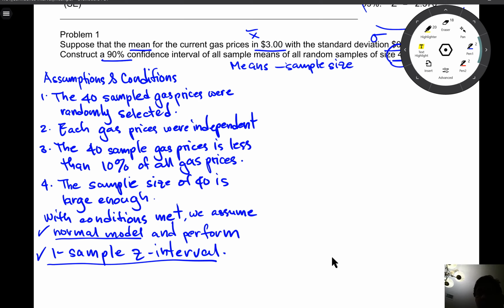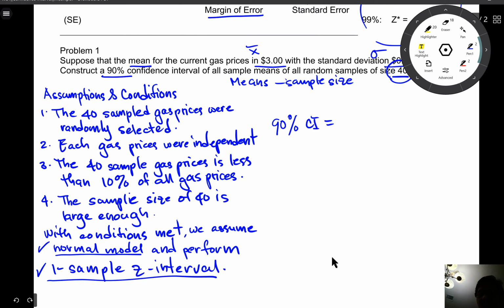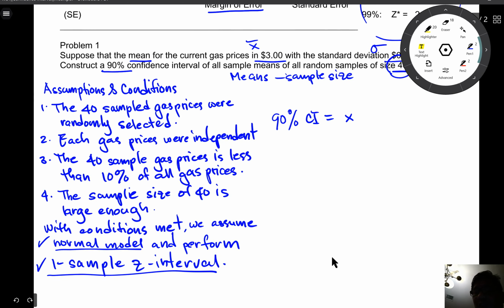Okay, we go to the mechanics now. Again, let's write. So this is a 90% confidence interval, and the formula is given right here. It's going to be x bar plus or minus z crit times s divided by the square root of n.